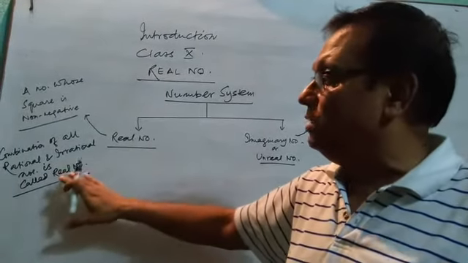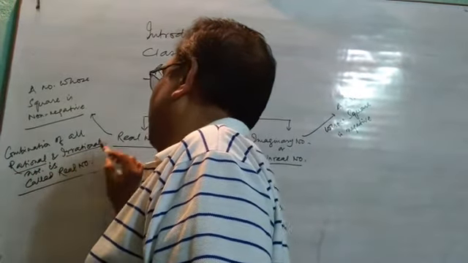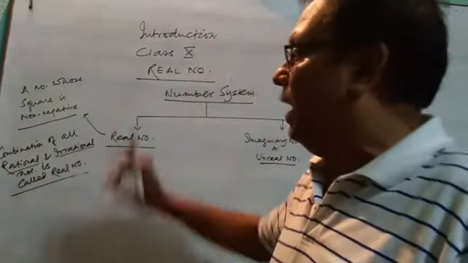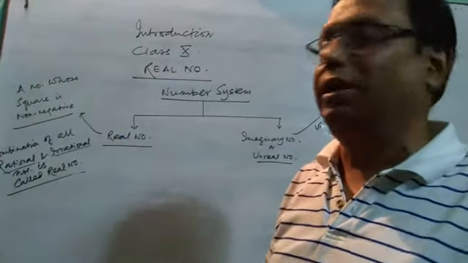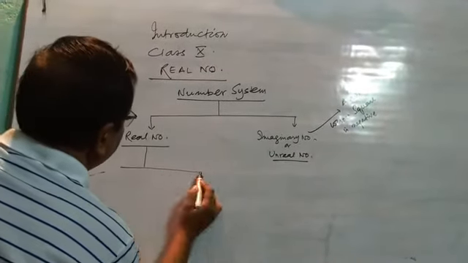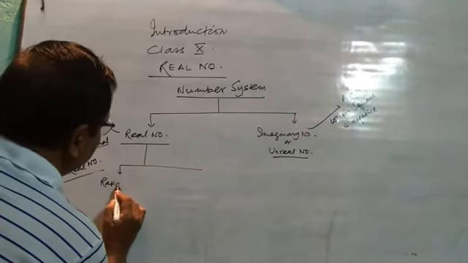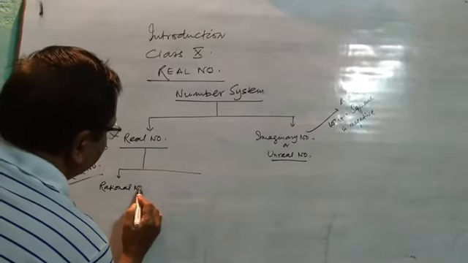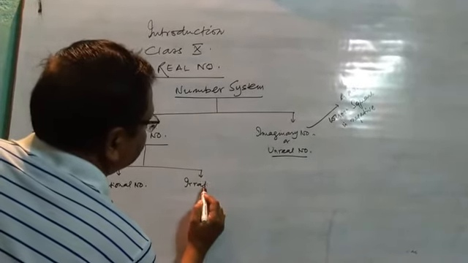What is a real number made up of? A real number is made up of rational numbers and irrational numbers. And this is the definition of real number, a number whose square is non-negative. So real numbers can again be classified as rational numbers and irrational numbers.